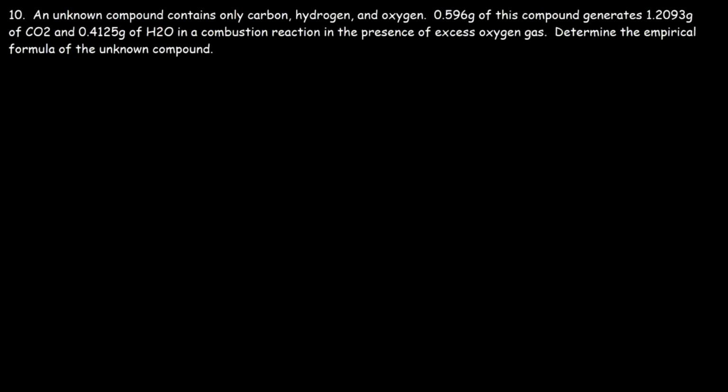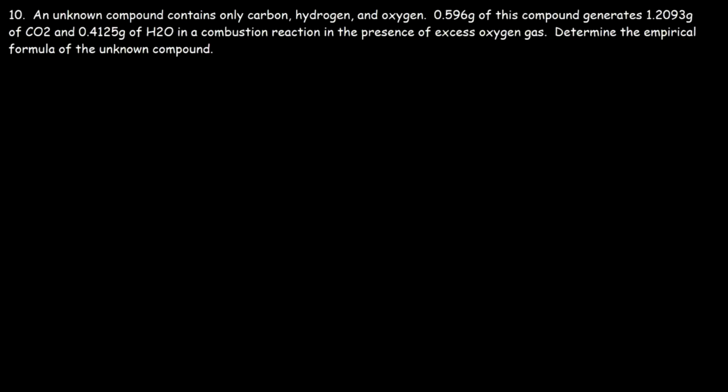Now let's work on number 10. An unknown compound contains only carbon, hydrogen, and oxygen. 0.596 grams of this compound generates 1.2093 grams of CO2 and 0.4125 grams of H2O in a combustion reaction in the presence of excess oxygen gas. Determine the empirical formula of the unknown compound.